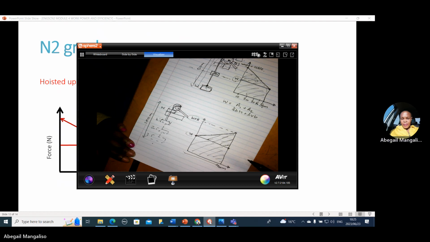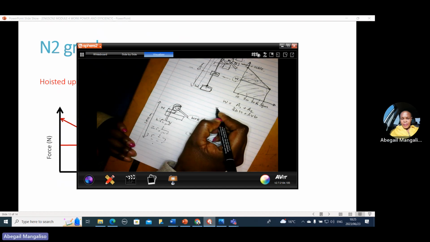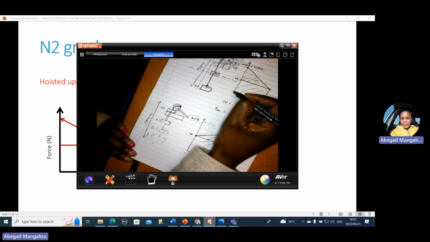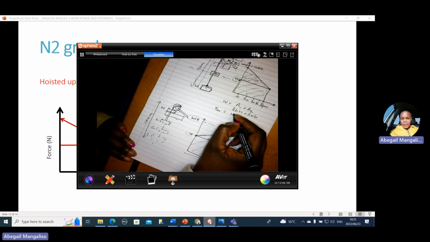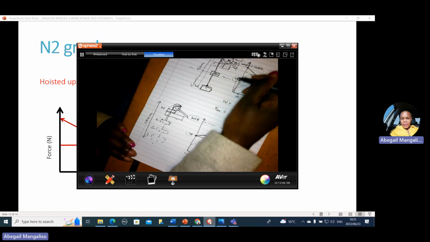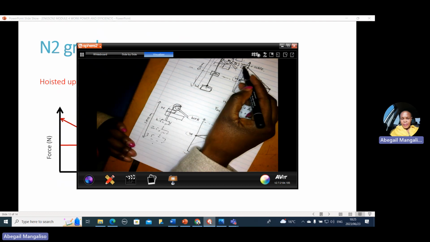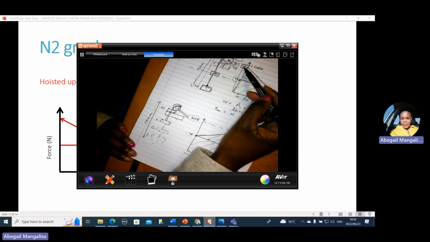Number 2, we can calculate the average force or the average tension. So the F average will be equal to, we have this force here, the first force, which is W. And the second force that we have is that of the load plus the chain.